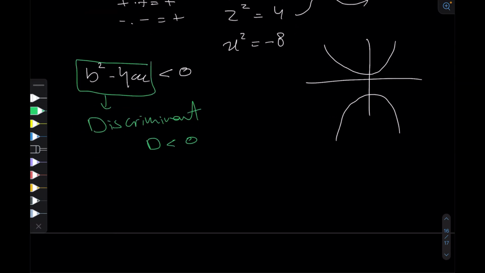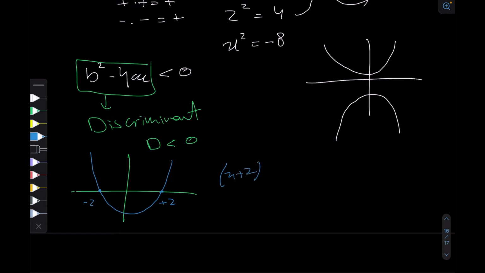Now let's take a look at a situation where it does cross the x-axis at two different points. Let's say this is minus 2, this is plus 2. So our quadratic can be this thing, which is basically x squared minus 4.